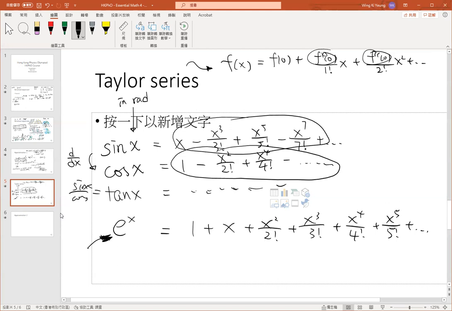This is Euler's number, a number that is very commonly used in science and engineering. By looking at this Taylor series of the exponential x, if you know about differentiation, you can understand why differentiating e to the x still gives you e to the x.